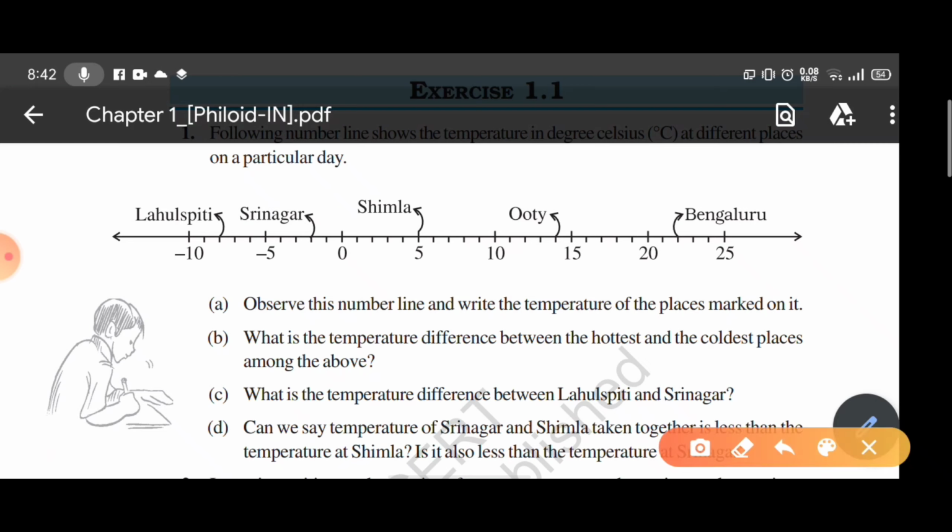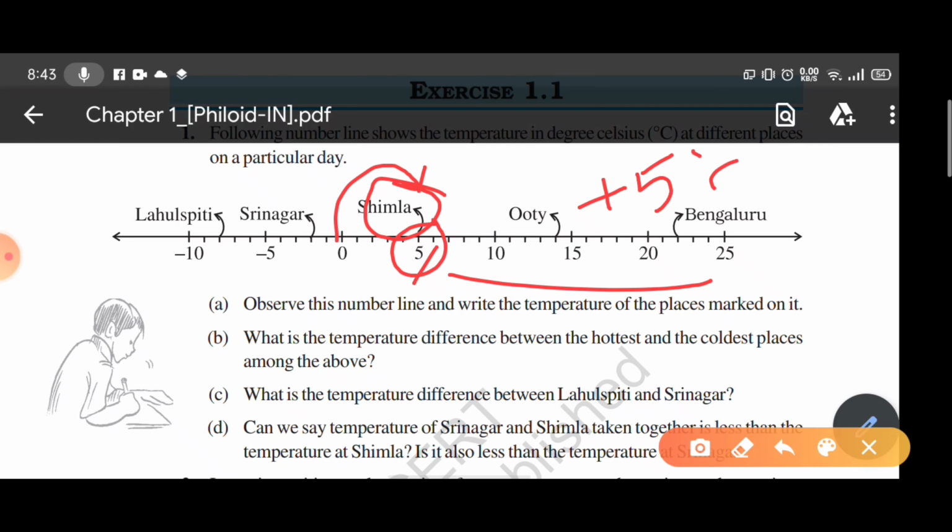Let us take another example. This time Shimla. So for Shimla, what is it? It is on the right side of 0. On the right side of 0, these are all positive values. So my answer is plus, and it is 5 degrees Celsius.